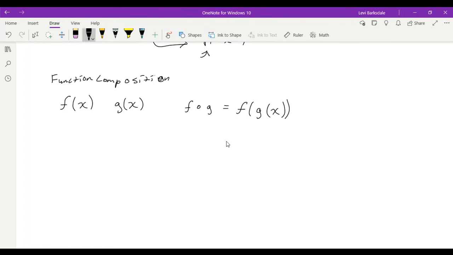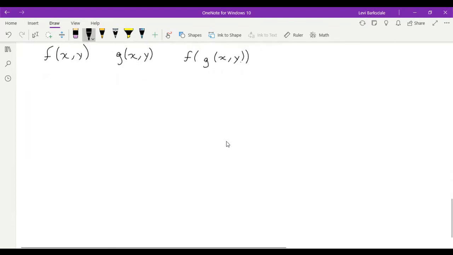One thing though, you might not be able to do that with multivariable functions. So if we say f of xy and g of xy, well, you can't really say f of g of xy, because g takes in two variables as input. So does f. But g only puts out one variable as output.